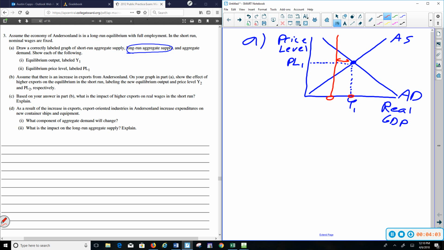Okay, now, the curve could also be, let me give another color, to the right of our equilibrium value. If potential GDP is over here to the right of our equilibrium output, then our equilibrium output is less than potential GDP, or the long-run aggregate supply curve.